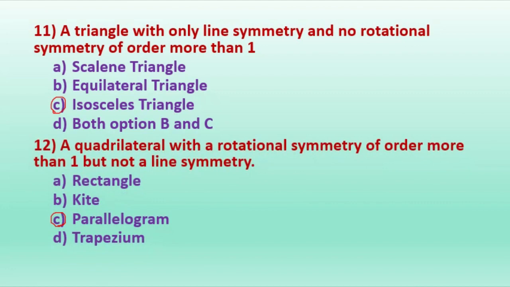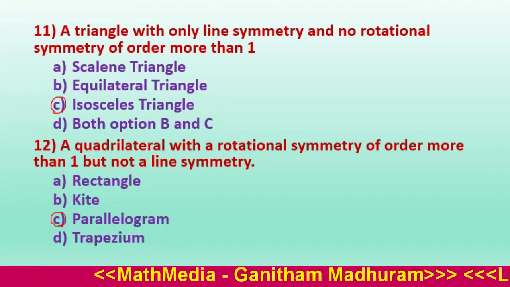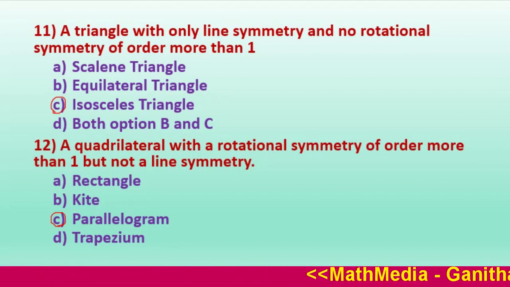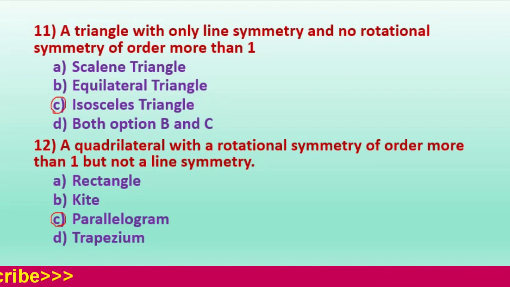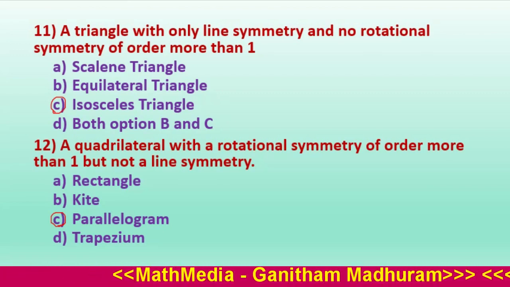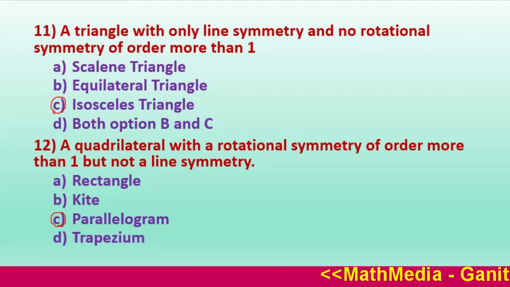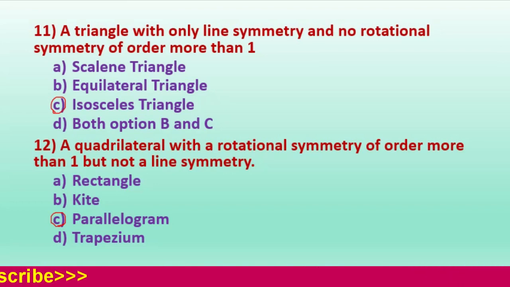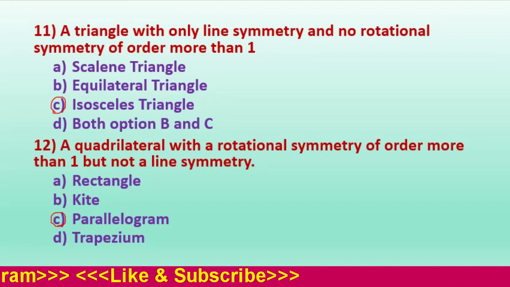Next question, question number 12. A quadrilateral with a rotational symmetry of order more than 1 but not a line symmetry. We know that a rectangle is having line symmetry, a kite is having line symmetry, and a parallelogram is having no line symmetry but a rotational symmetry of order more than 1.